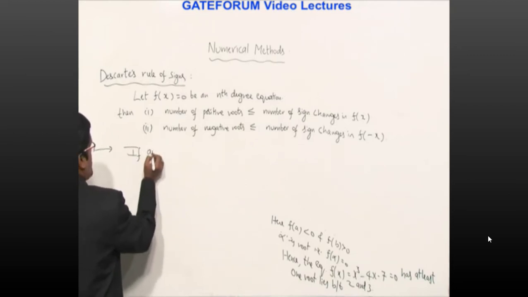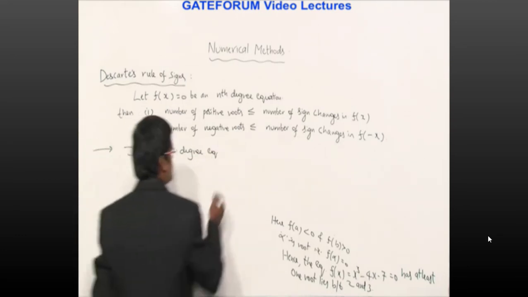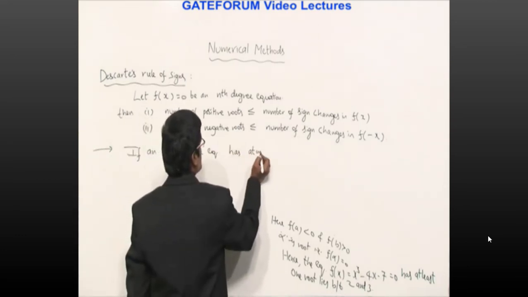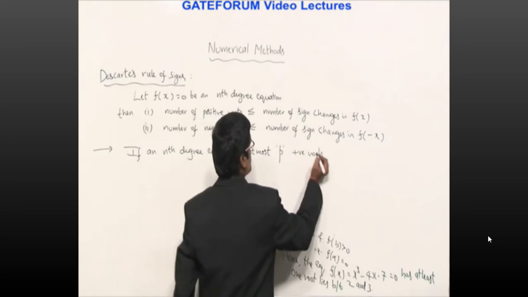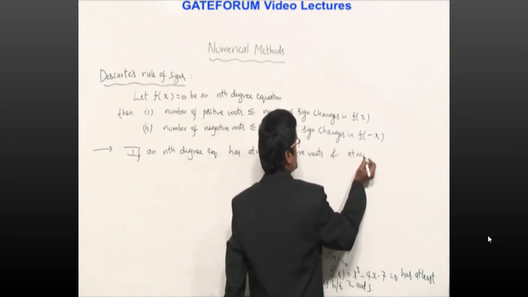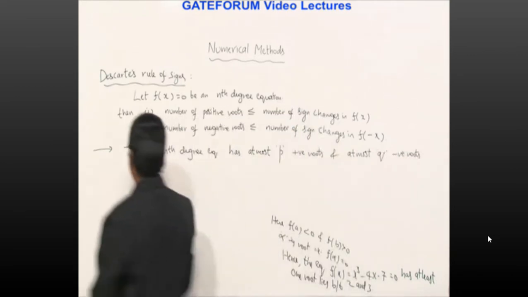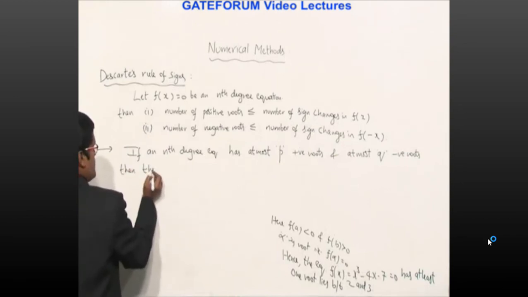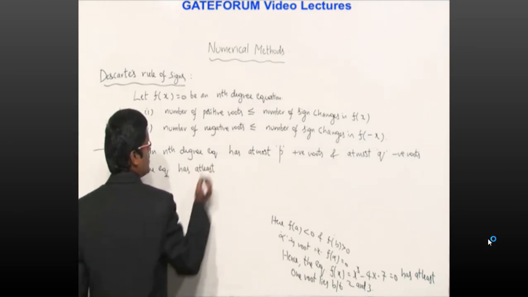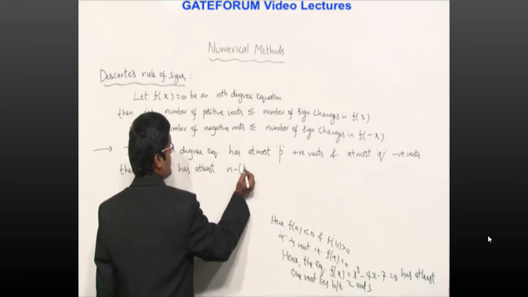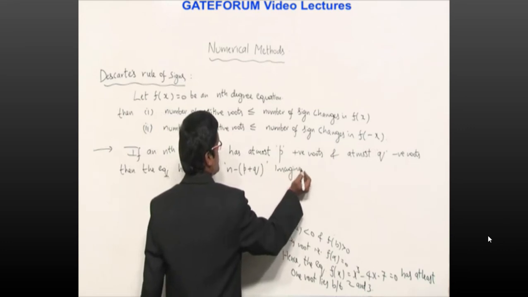If an nth degree polynomial equation has at most p positive real roots and at most q negative roots, then the equation has at least n minus of p plus q imaginary roots, that is complex roots.